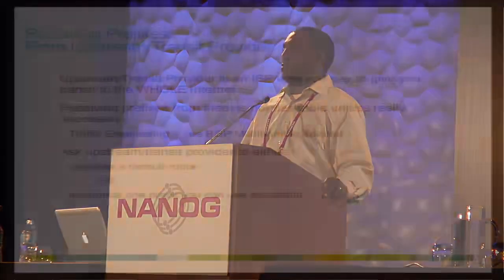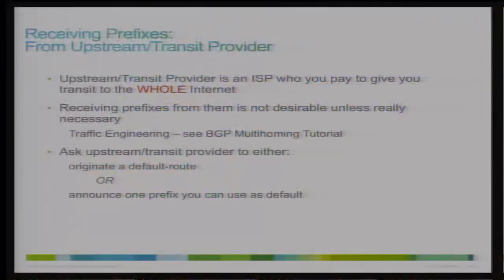Okay. From upstream providers, that's your transit provider. If you are multi-homing to multiple transit providers, obviously you have to receive the full internet table from each one. If you are receiving transit service from one service provider, then you can just receive a default route from that provider. You don't need the entire internet routing table.